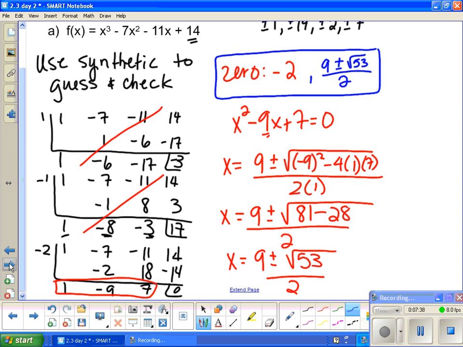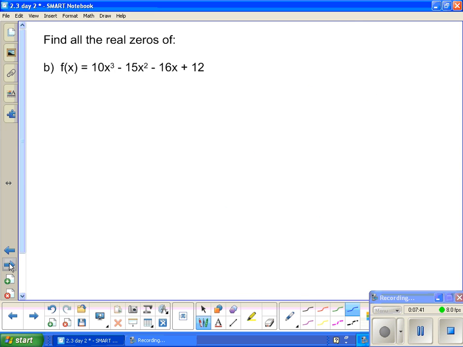Look at another problem. All right. Now, looking at this, I'm thinking this list of possible numbers is huge. So I'm just going to start with just a few, and then I'll go on if I need to.